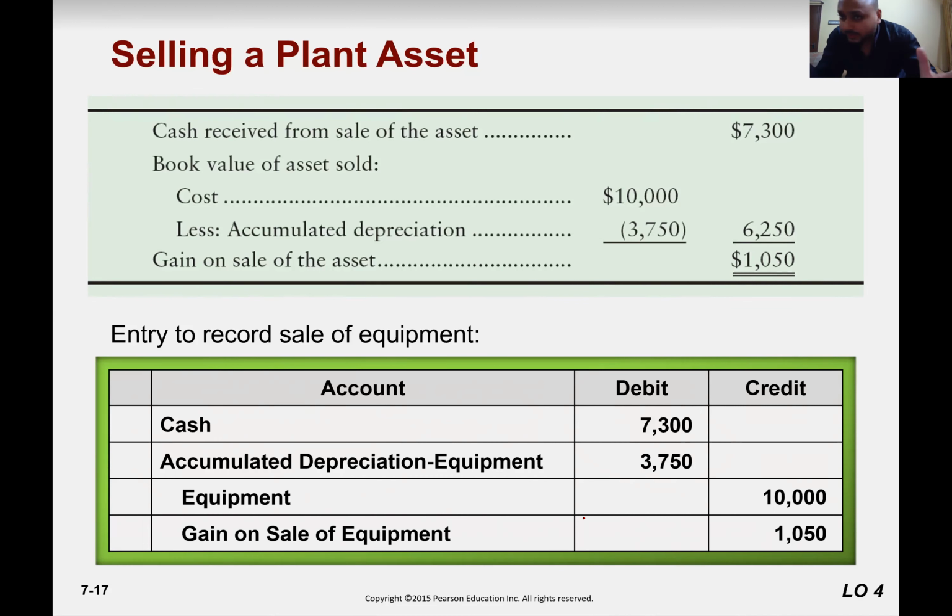We dispose of the asset, so we make a reverse entry, accumulated depreciation is going to be debited. The difference is going to be the gain, because gain is treated as income. So income increases, which means retained earnings increase. Retained earnings increase means credit, right?